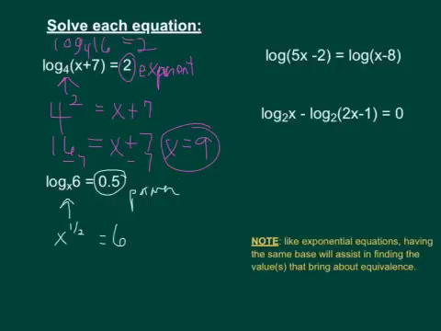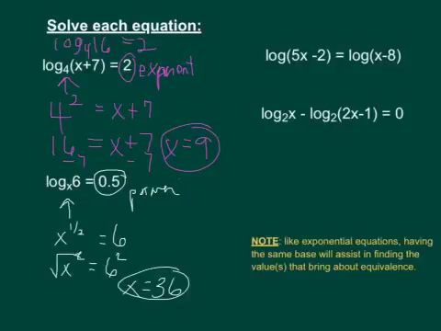So some base to the 1/2 power is supposed to equal 6. Recall that a fractional power, 1/2 power, is the square root of x, which means to me x is 36. We can square both sides of this equation, inverse operation to square rooting. Those problems you've solved before.